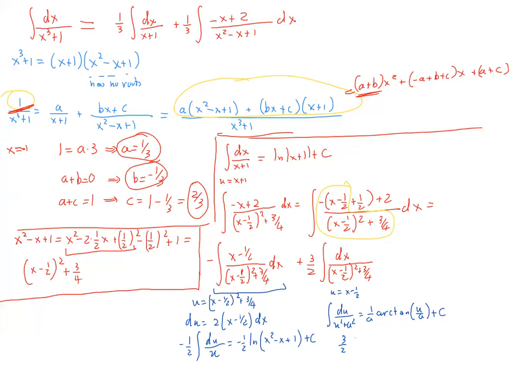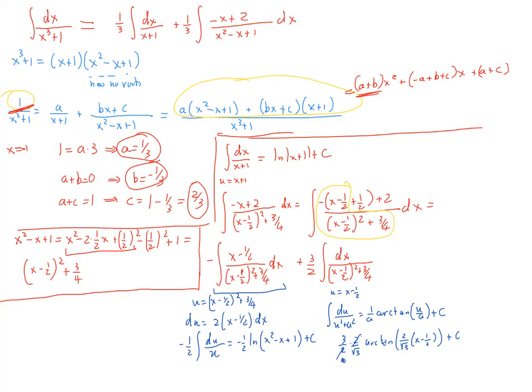So this will be 2 over square root of 3 times arctangent of 2 over square root of 3 times x minus 1/2 plus c. So you get a couple of things to cancel here. And 3 over square root of 3 is square root of 3.